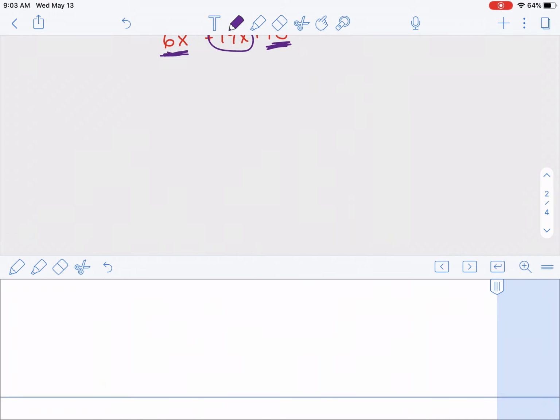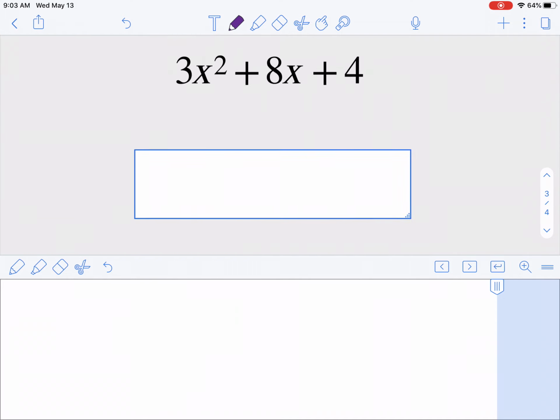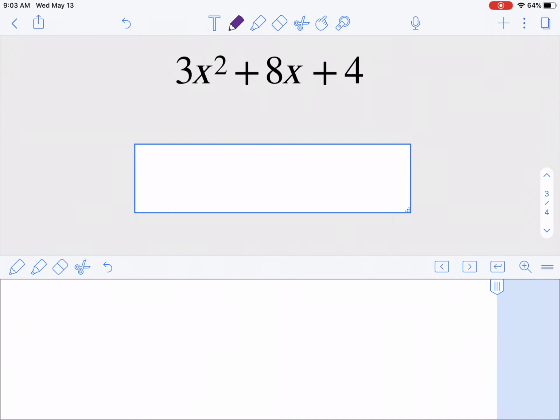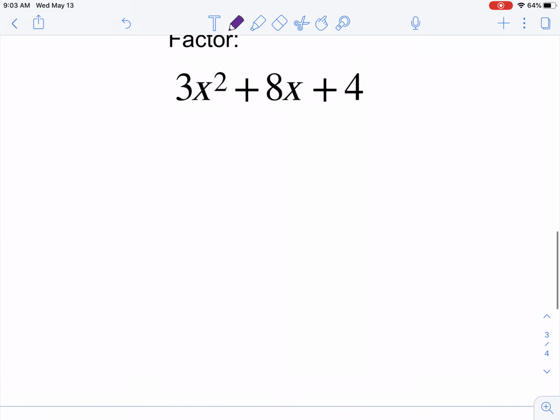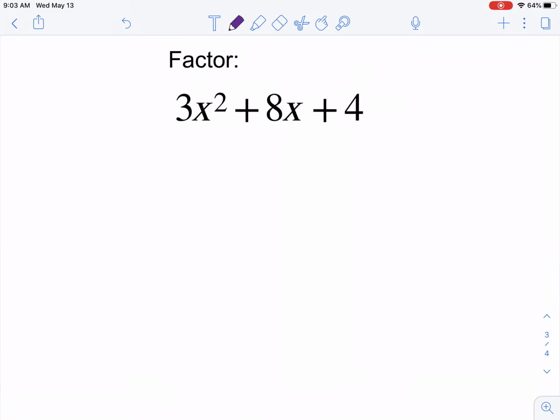Okay, so let's take a look at one of these. So let's say I've got this expression right here, 3x squared plus 8x plus 4. Again, our final answer is going to look like something like this, kind of two multiplications in there. Now to get 3x squared, I'm going to go out here to the side and write out my factors of 3.